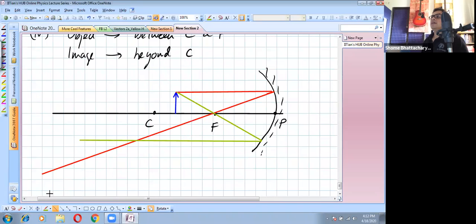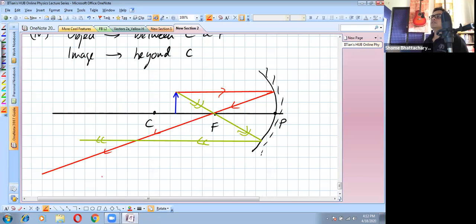And if you like, you can draw another one also, like the one passing through the pole after reflection. Anyway, coming back to this, this one is like this, incident, reflected. That one is like this.